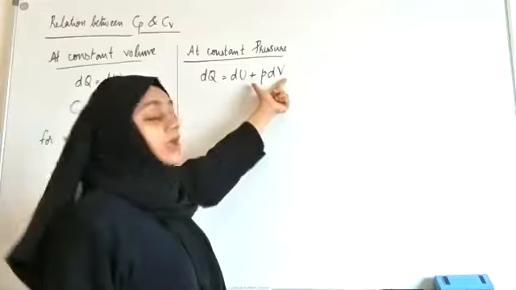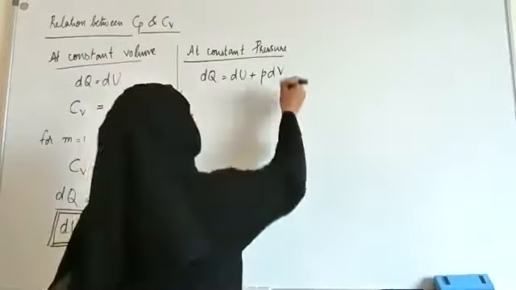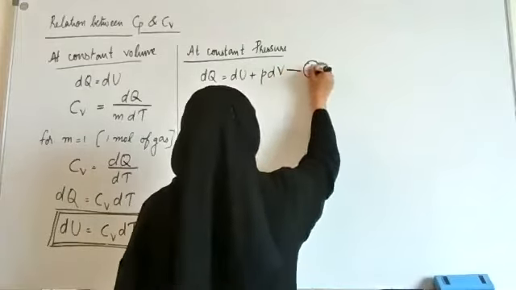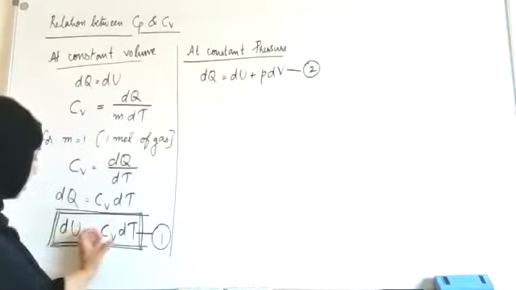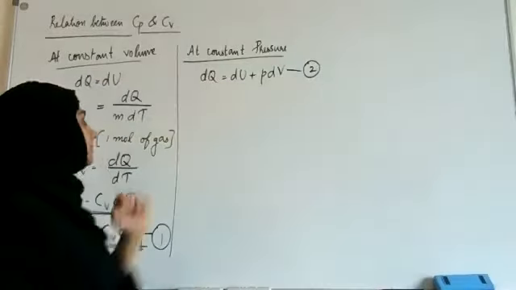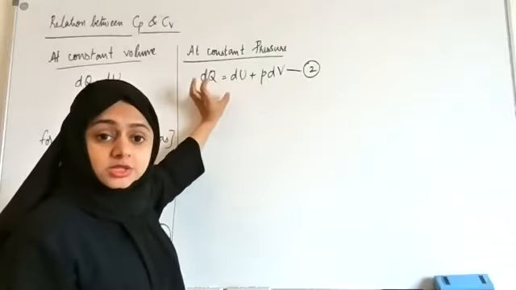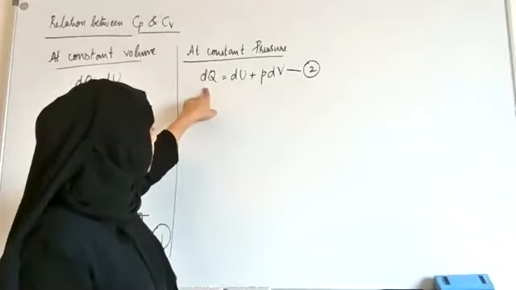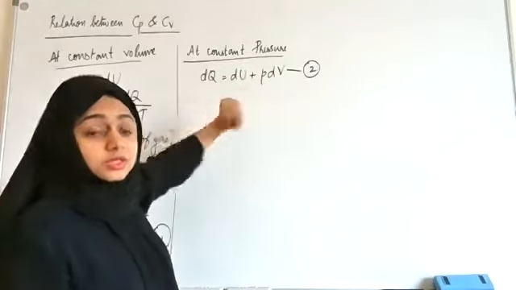And PdV is the amount of work done at constant pressure. Now let us take this as equation 2. We will later substitute Cv dT instead of du. And now we have to find a similar expression to substitute for dq and PdV. So let us do that.